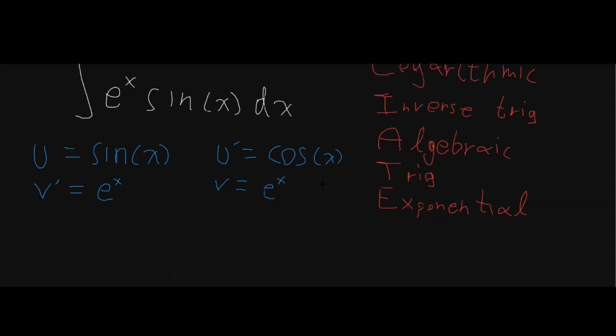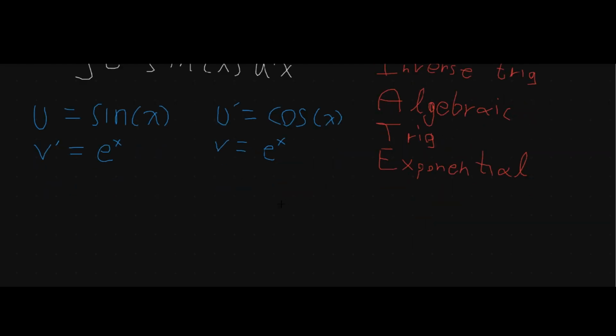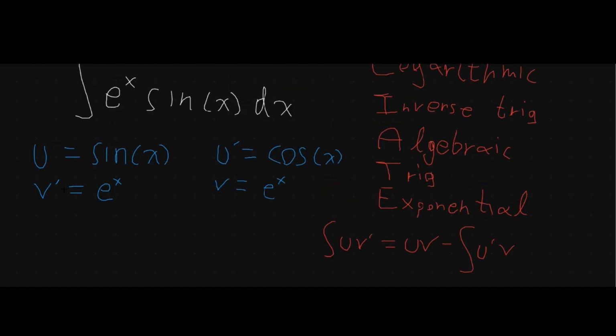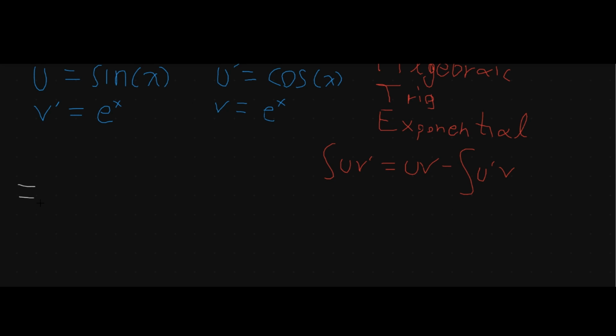So let's apply now the integration by parts formula. I'm gonna rewrite it over here so we can just remember it. So we have u v dash, u times v minus the integral of u dash times v. So let's go down here and apply the integration by parts formula.